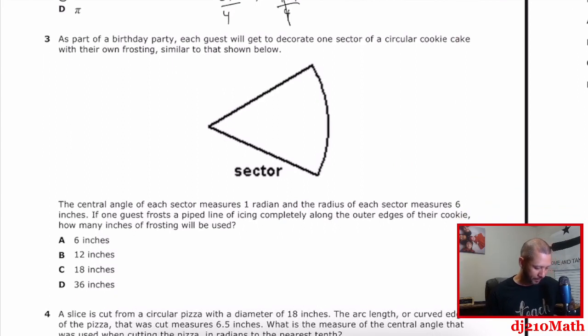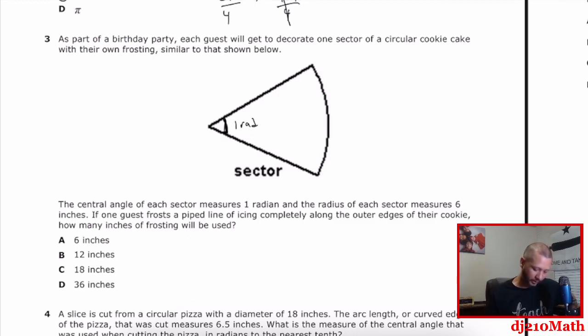Number 3, as part of a birthday party, each guest will get to decorate one sector of a cookie cake, their own frosting. So it's going to look like this. The central angle of each sector measures 1 radian. So right there's my angle, 1 radian.